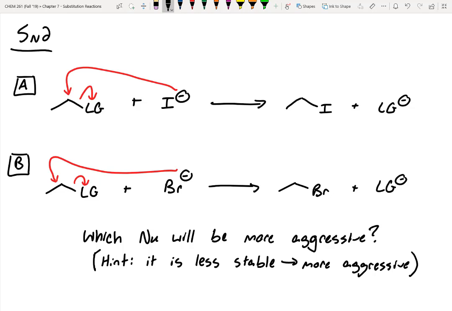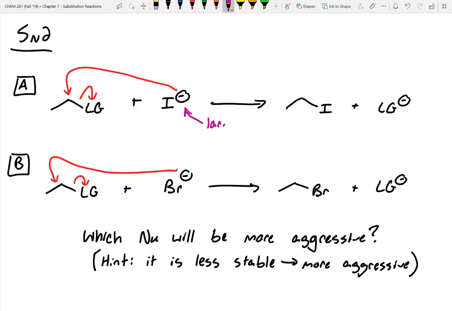Less stable. Let's go back to our cardio rules, where we looked at stability of anions. So for charge, they're both -1, tie. Then we go to atom, right? So iodine versus bromine, are they in the same column or same row? Same column, right? So which one's going to be more stable, the larger atom or the smaller atom? Larger.